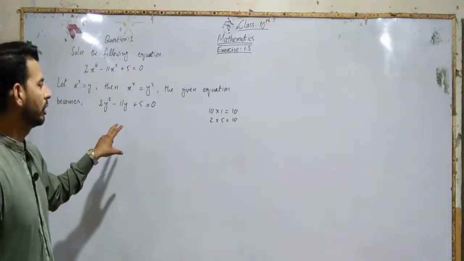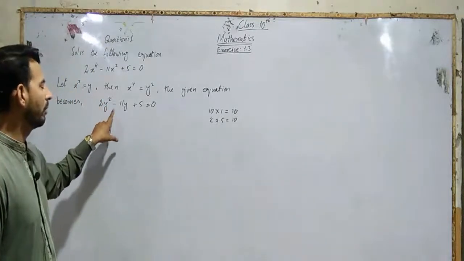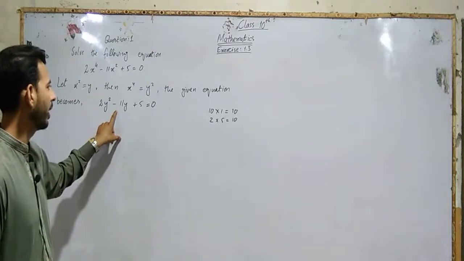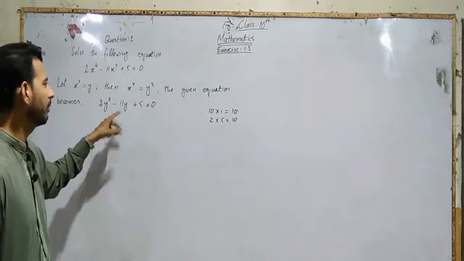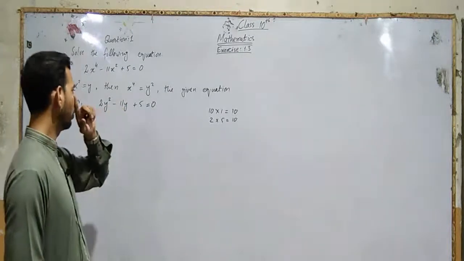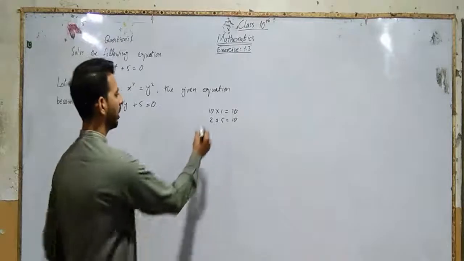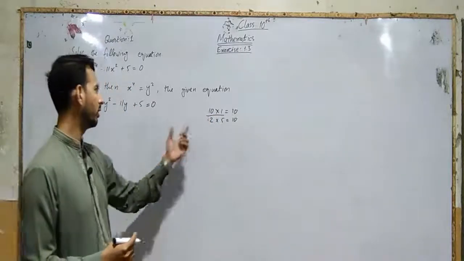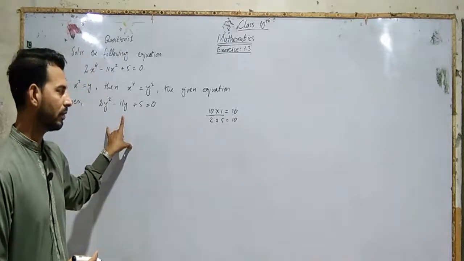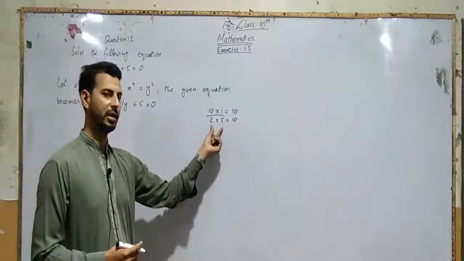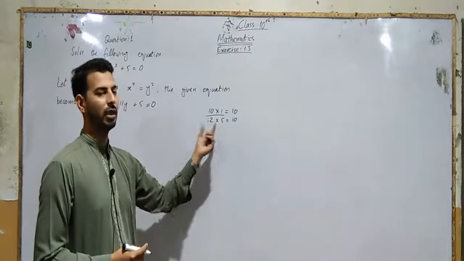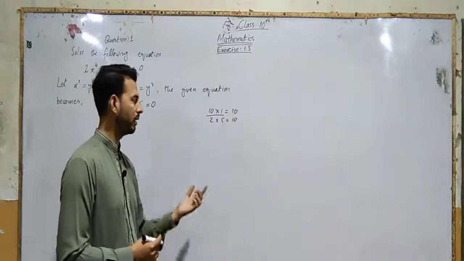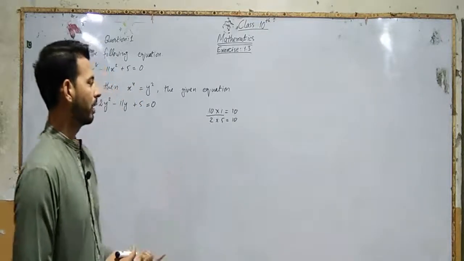We will choose the pair that will become minus 11. If we add them, that should be minus 11, and if we multiply them, that should be 10. So if we take the first pair 10 and 1, we add 10 and 1, it will become 11. But if we take this pair 2 and 5, it will become only 7, or if we subtract them, it will become 3.